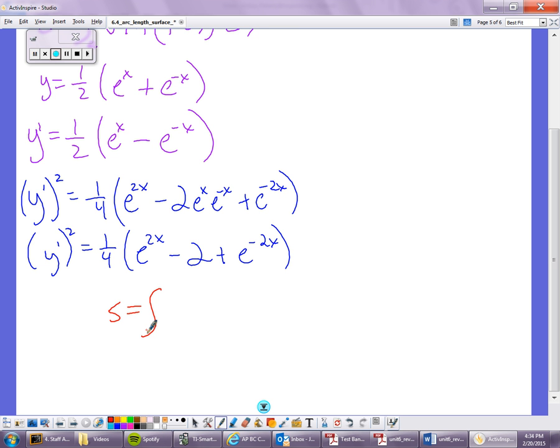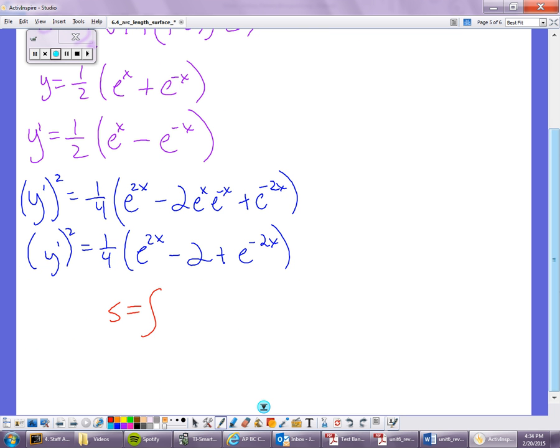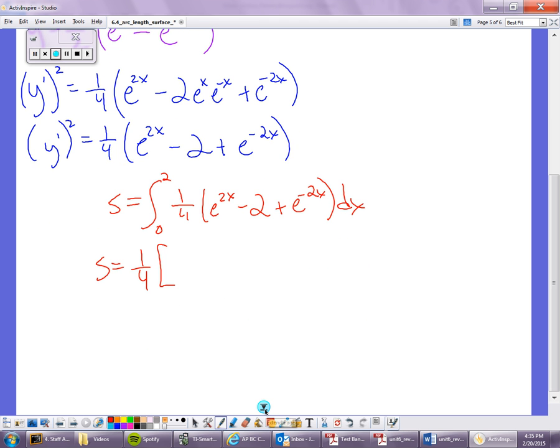Integral from, what were my endpoints? The interval is 0 to 2, so from 0 to 2 of 1/4 times e to the 2x minus 2 plus e to the negative 2x. This looks uglier than it is, really, because the 1/4 is just going to come out front. You don't need to worry about that. And each one of these parts can be integrated individually.